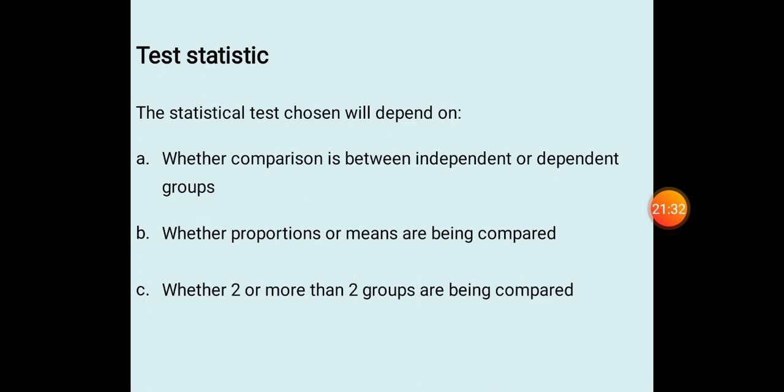Based on this, we will decide which test statistic needs to be applied. Based on the calculation of that test statistic only, we will decide whether to accept or reject the hypothesis.